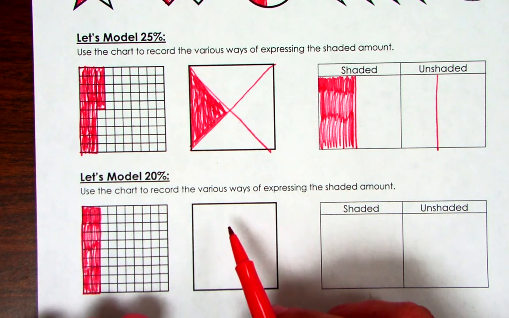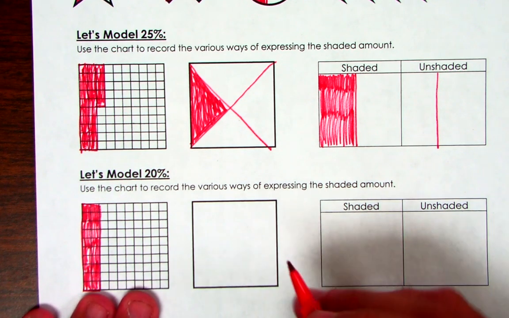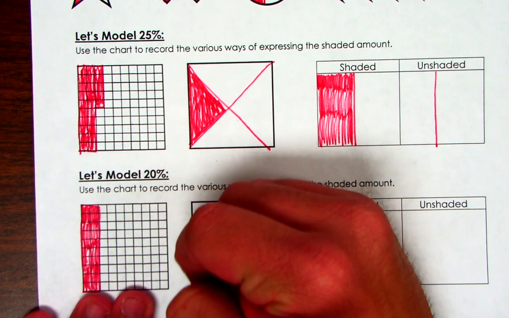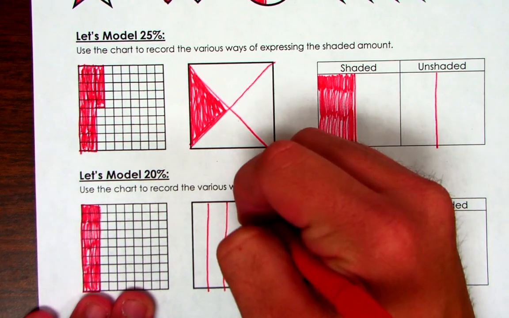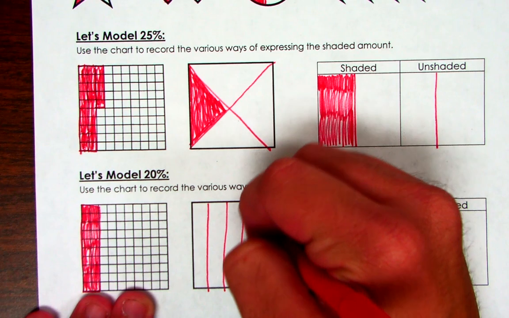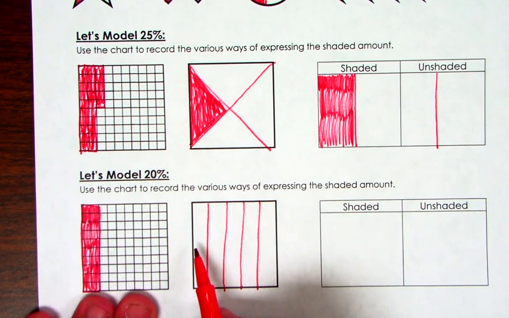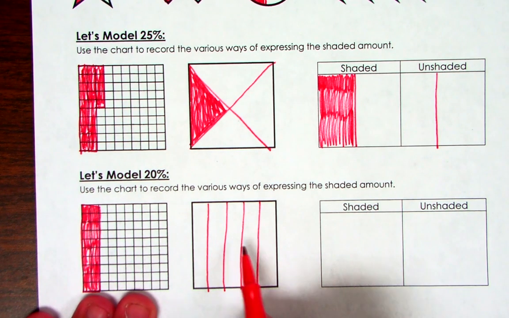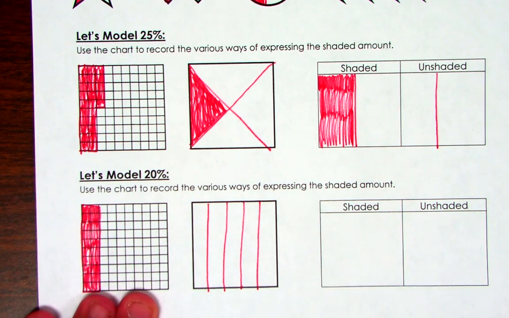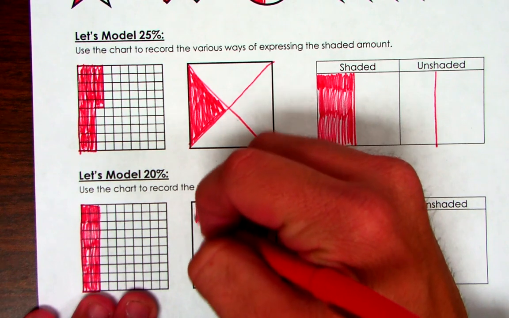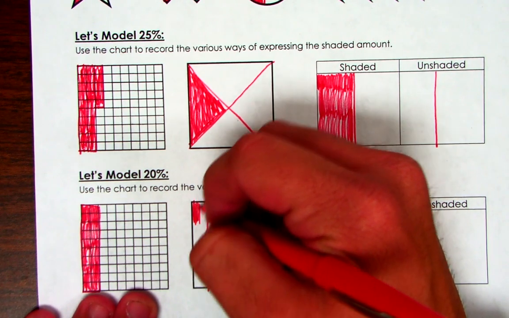So I'm going to take this square and cut it into 5 equal sections. 1, 2, 3, 4, 5. I want 20% of it shaded in, so that means I have to shade in 1 of the 5.